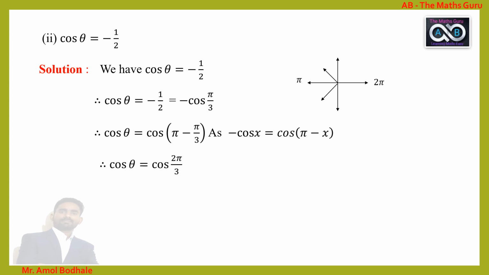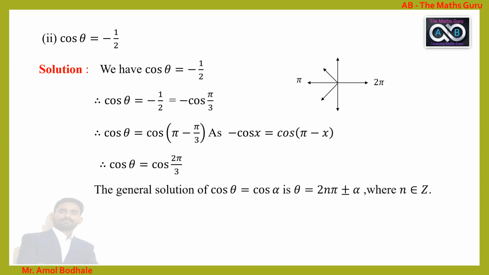So therefore cos theta equal to pi minus pi by 3, which will be 2 pi by 3. So again it is in the standard form, that is cos theta equal to cos alpha. So we know the solution. The general solution for cos theta equal to cos alpha is theta equal to 2n pi plus or minus alpha, where n belongs to Z. So here we replace alpha by 2 pi by 3.